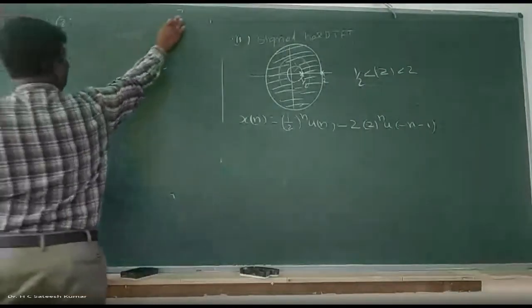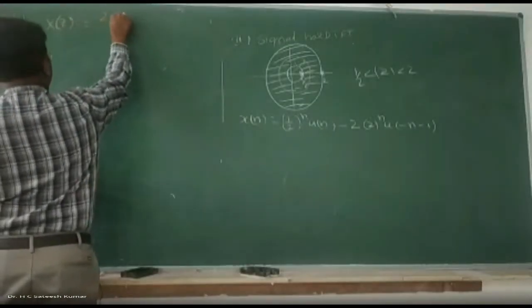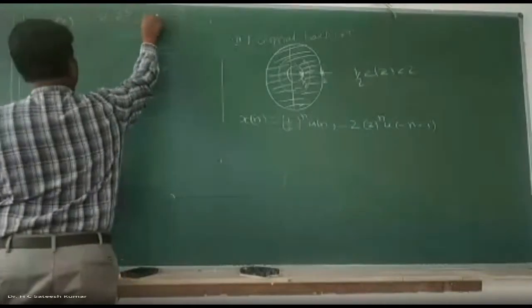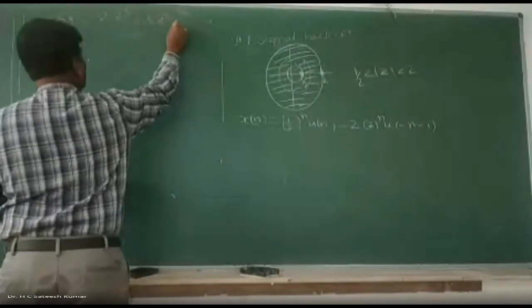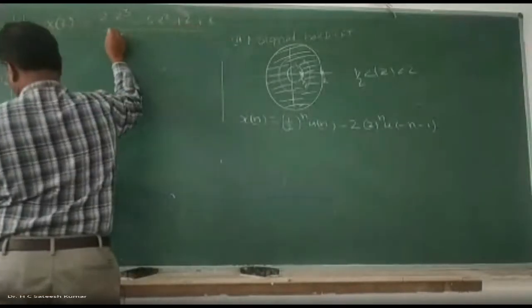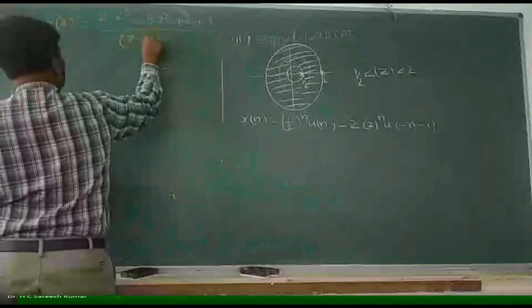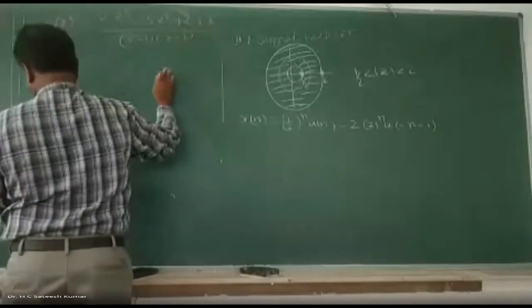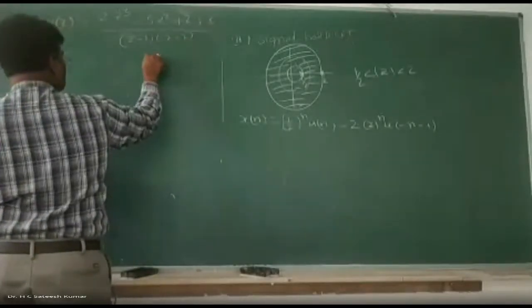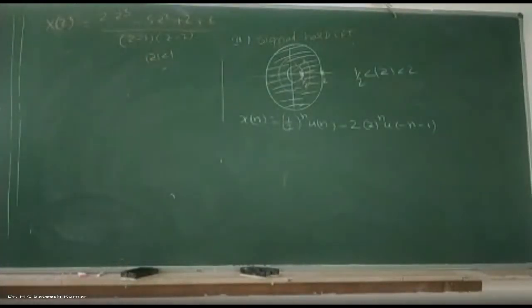X of z is equal to 2z cube minus 5z square plus z plus 3 divided by z minus 1 into z minus 2, with ROC mod z less than 1. Okay, right. So there is something different here. That's why I'm doing this problem.